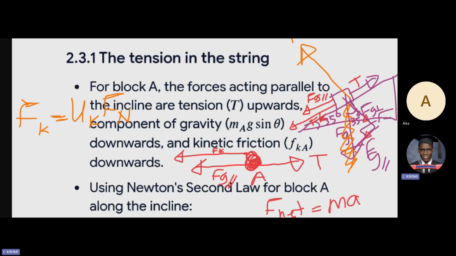Once you are done, we don't use any Fg anymore. We are just splitting that Fg into components, Fg perpendicular and Fg parallel. For the horizontal axis, the x-axis, you only involve Fg parallel. For the vertical axis, the y, you include Fg perpendicular only. Those are the tricks.